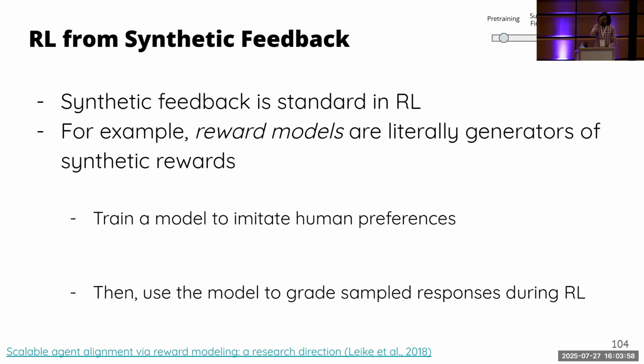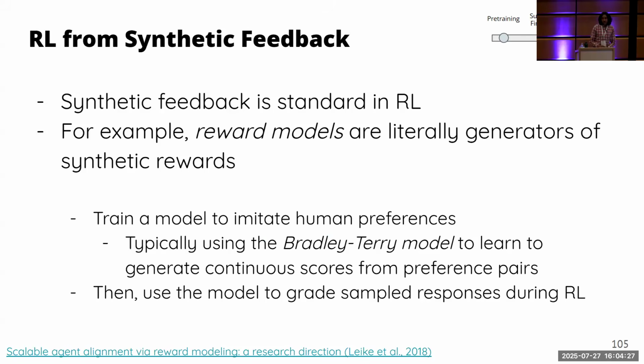The way reward models are typically trained is you collect a bunch of prompts, you collect responses for those prompts, you have humans describe which one is better or make a list-wise ranking of those responses, and then you train a model to replicate those human preferences. Then you can use this model to grade sampled responses during RL.